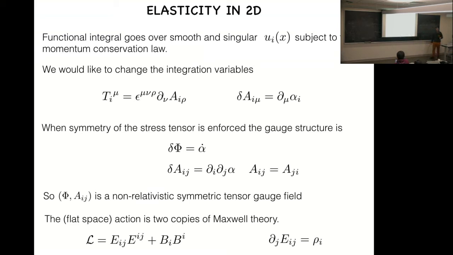It's an electric field, but not the usual electric field you're used to. It's an electric field with two indices, roughly speaking Aij dot. And the magnetic field, which in two dimensions in Maxwell theory would be a pseudoscalar, here is a vector, roughly speaking the curl of Aij.